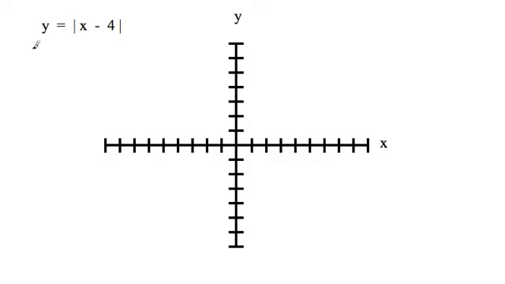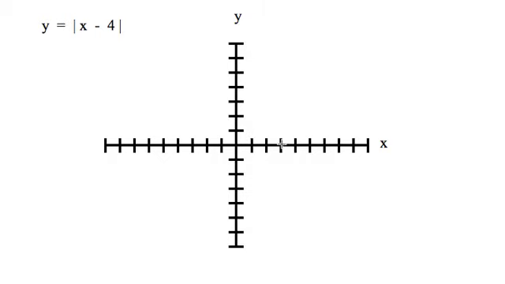A variation on that would be to give you an equation like this and 5 different graphs and ask you which graph represents this relationship. And a key to that is remembering that this absolute value can't be less than 0. So you want to start at where this would be equal to 0.